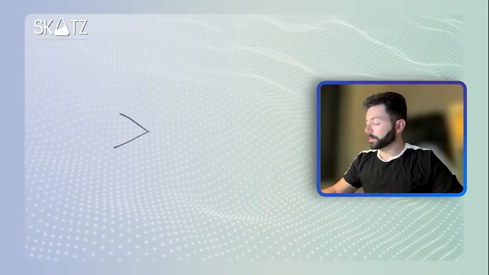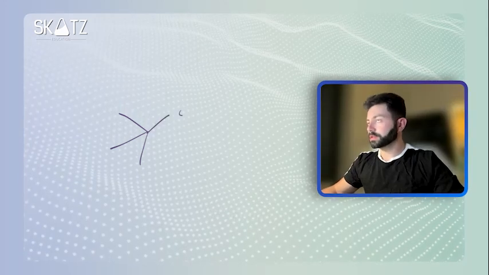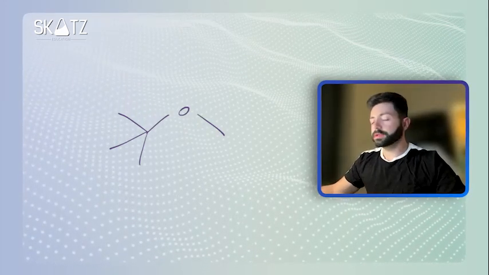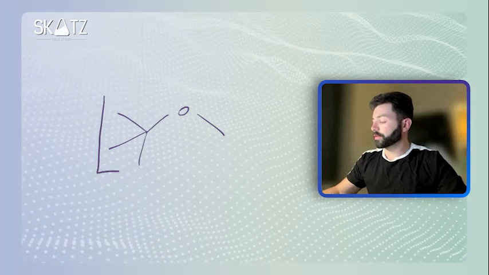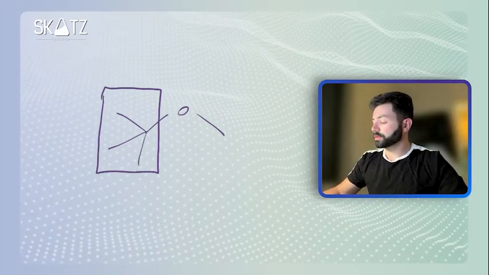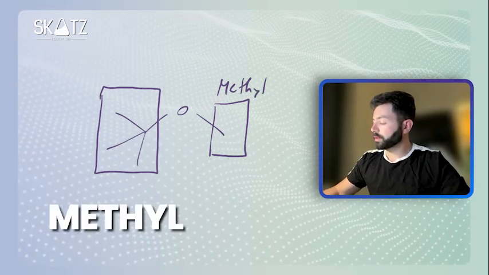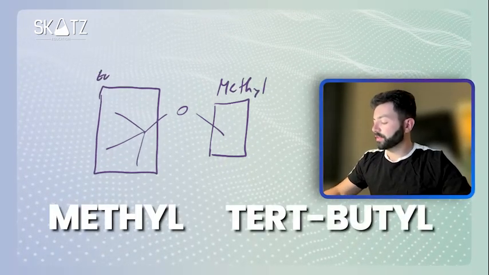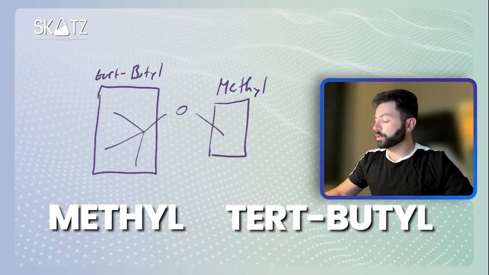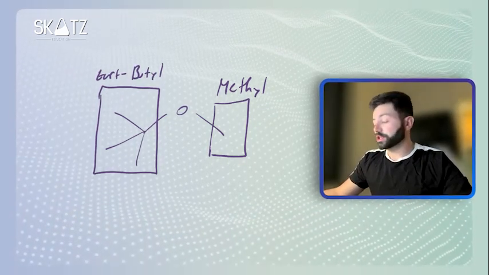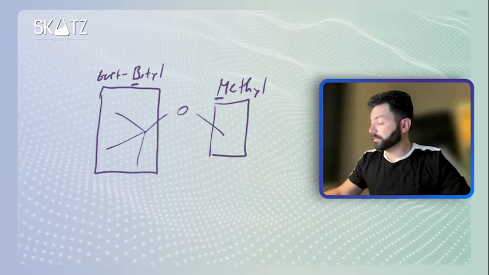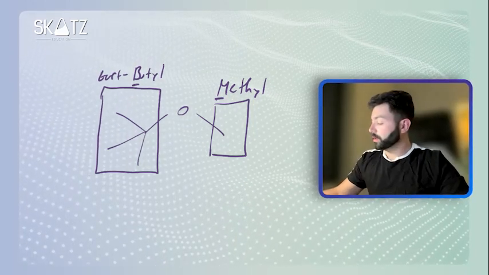So let's try one more example here. If I have a compound that looks like this, and I want to name it using the common naming system, I'm going to first identify all of the R groups as substituents. On the right, I have again a methyl. And on the left, I have a tert butyl. And so how do we arrange these alphabetically? Well, B comes before M in the alphabet.